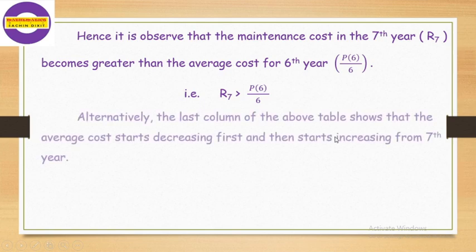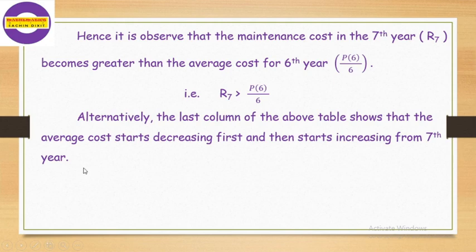We can also mention, alternatively, that the last column of the above table shows that the average cost starts decreasing first and then starts increasing from the 7th year.